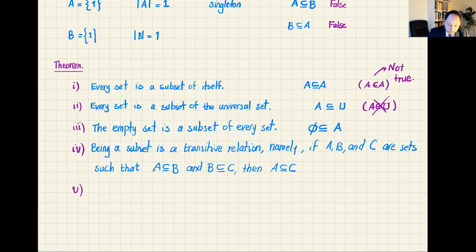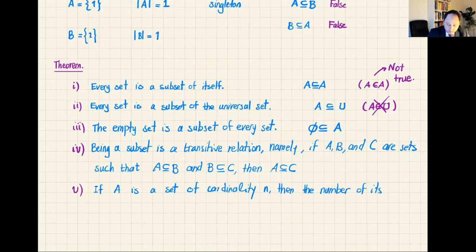So I would say that if A is a set of cardinality n, then the number of its subsets, I don't know, do you have any guess?